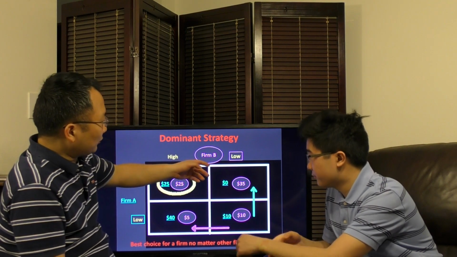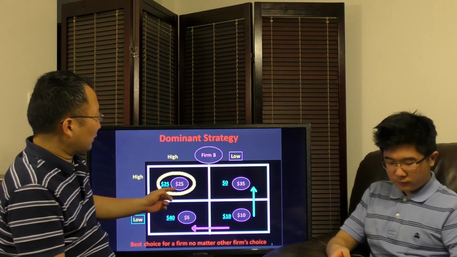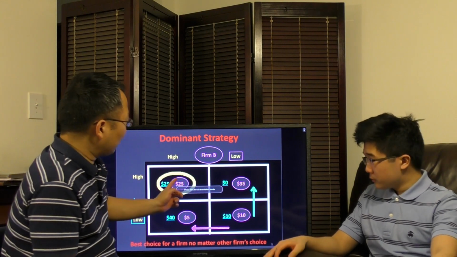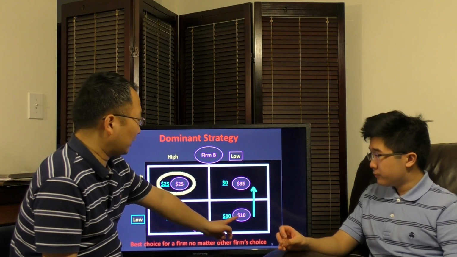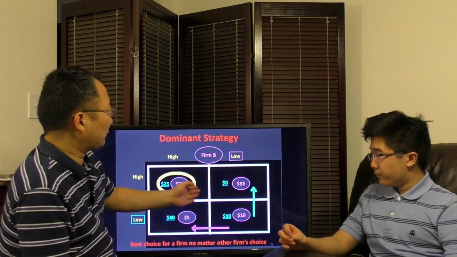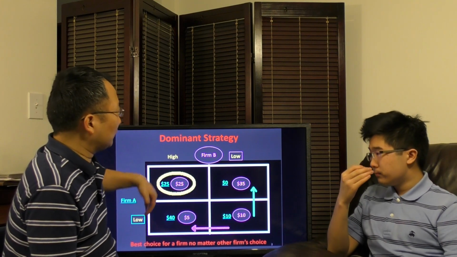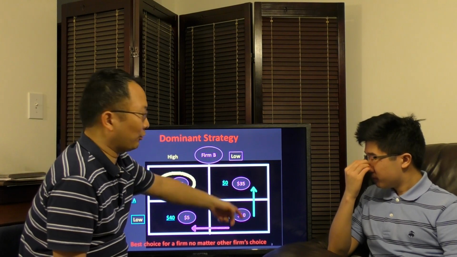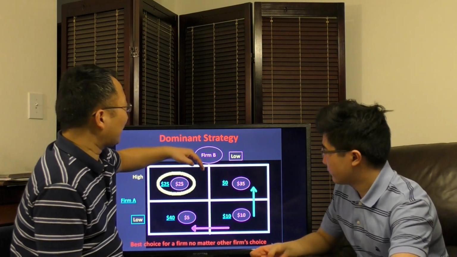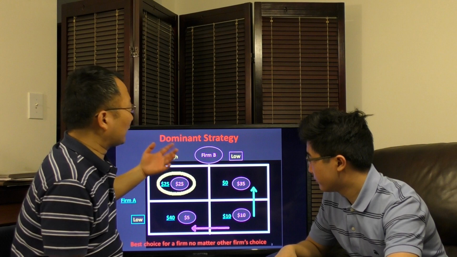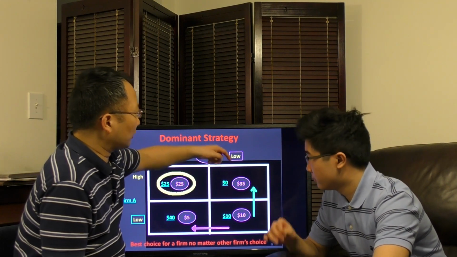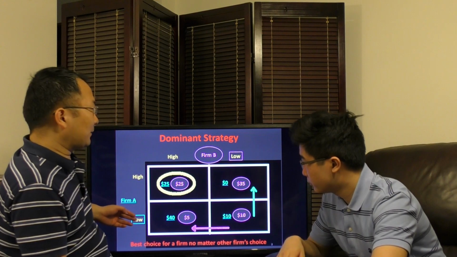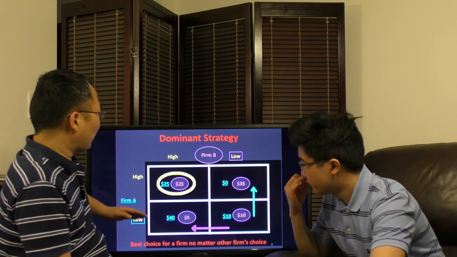The same story for firm B, because we just look at firm B's profit, the purple profit: 25 is less than 35, 5 is less than 10. So it's consistent. Basically, I don't care about firm A's pricing; firm B is always better off by low pricing. So that means dominant, kind of like independent. I don't care about firm A's choice, I'm always going low. And firm A, same story: I don't care about firm B's choice, I'm always going low.